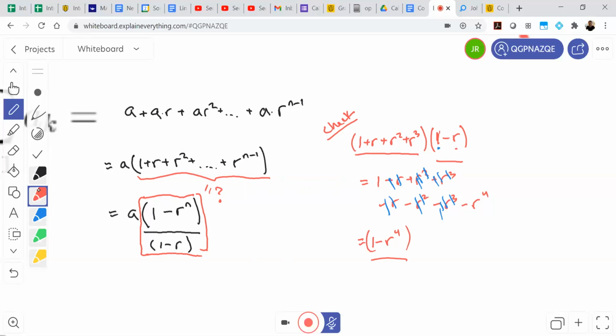Then we can simply divide by the 1 minus r to get the equivalent of this formula over here. So this formula will hold for any n value. Here I went up to r cubed, but it can really be up to r to the anything. And what we'll see is that this partial sum will equal this thing down here.